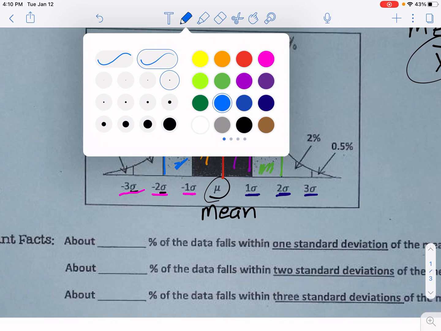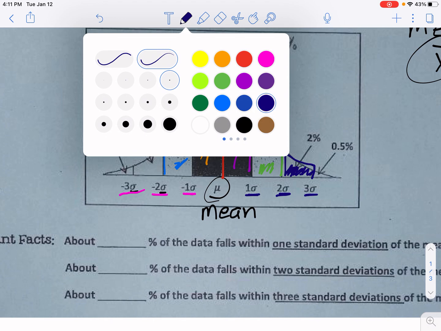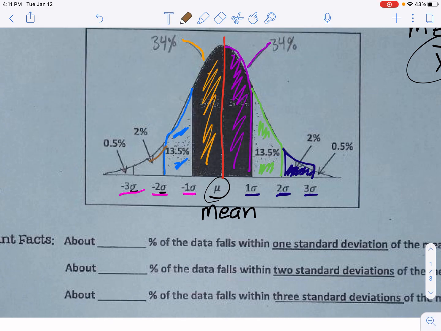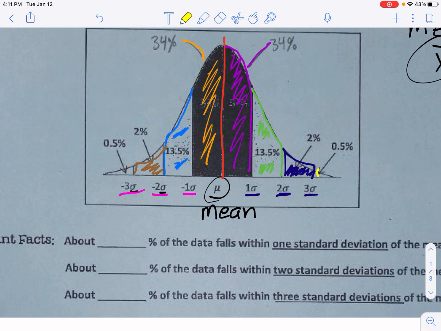Then if we go 3 standard deviations away, from here to here would be 2%, and from here to here in the negative direction would also be 2%. And then if we go past that, that's where almost none of the numbers would be. This would be 0.5%, and on this other side we'd have 0.5%.